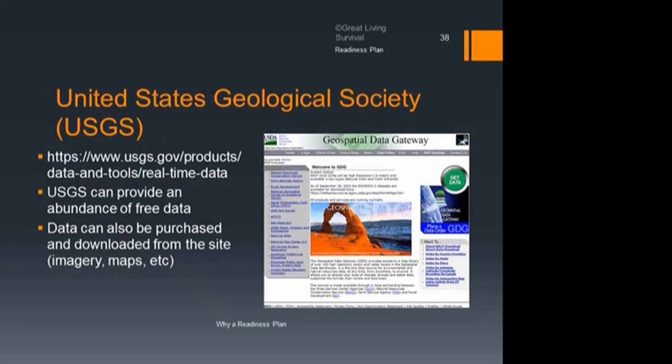Now, like I said, they have the maps. They're basically 1 to 24,000 scale maps. When I think of a map, that's what I picture. They have the different topologies.